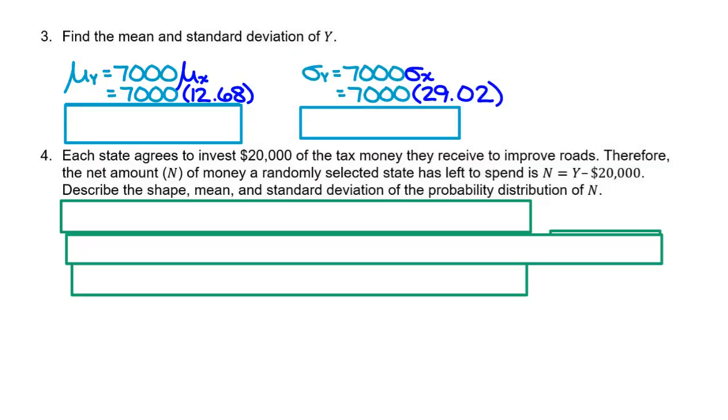So what would the mean of y come out to be then? $88,760. What about the standard deviation of y? $203,140. That's a pretty big standard deviation.